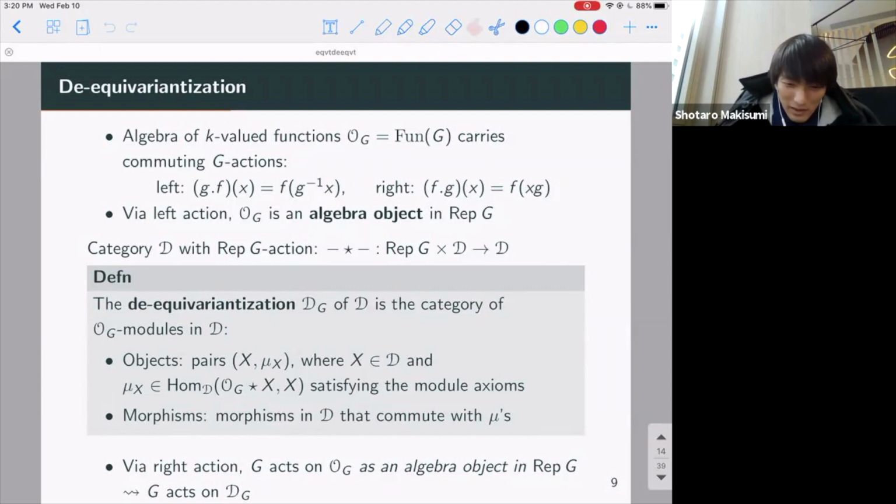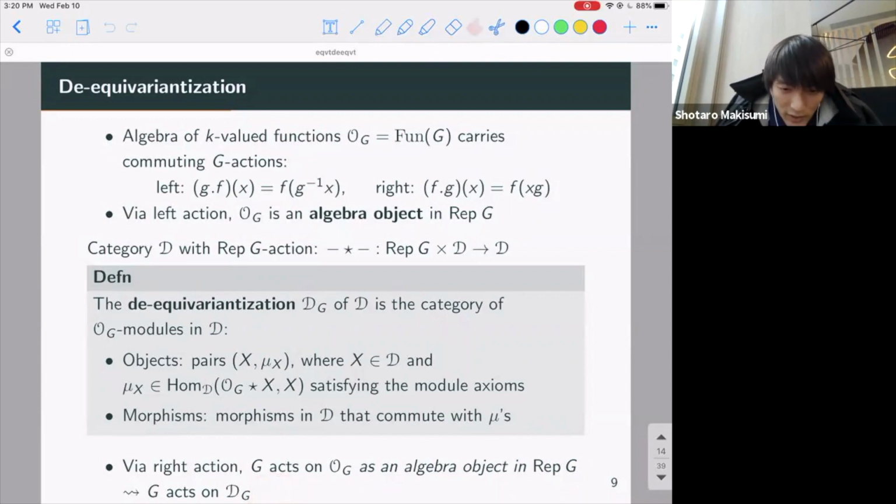So here I'm basically like tensoring with the regular representation. Yeah. So this also lets you recover the G action.